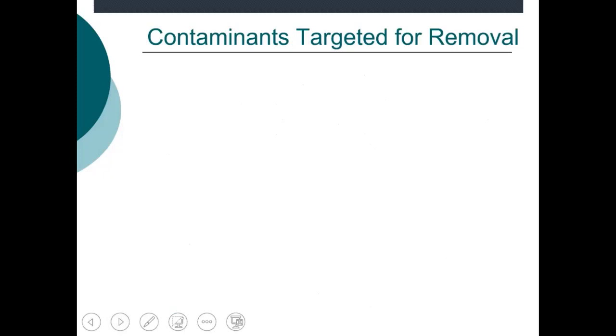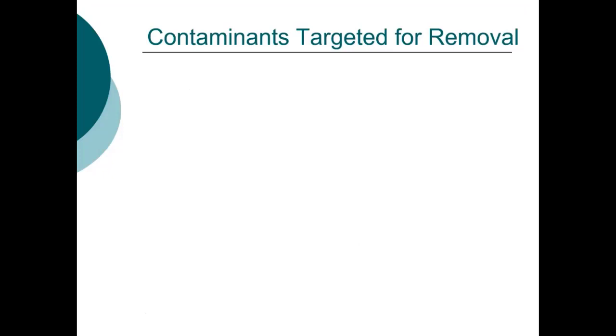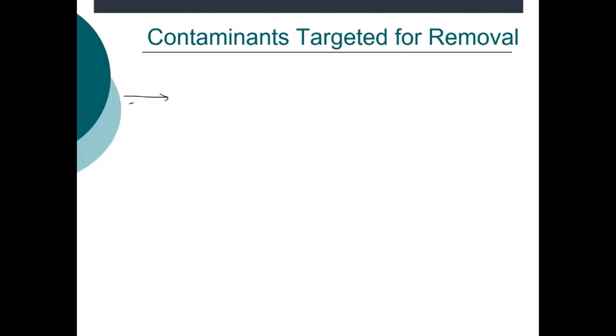So we'll focus on municipal wastewater treatment. What are we looking at removing? What's the goal? I'll let you think about this. Okay, I've mentioned a number of issues. So we have our sewage coming in, this is municipal sewage.